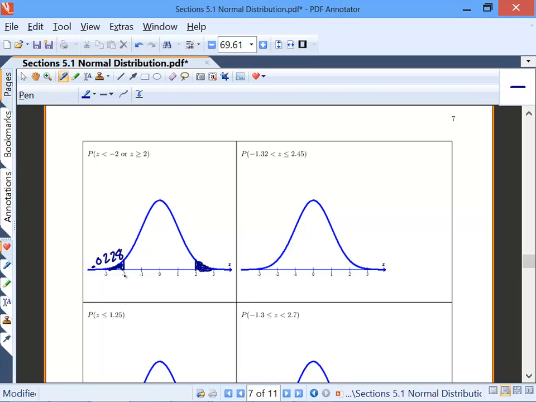And if the area to the left of negative 2 is 0.0228, then the area to the right of positive 2 has to be 0.0228. So I can just add those together. 0.0456.